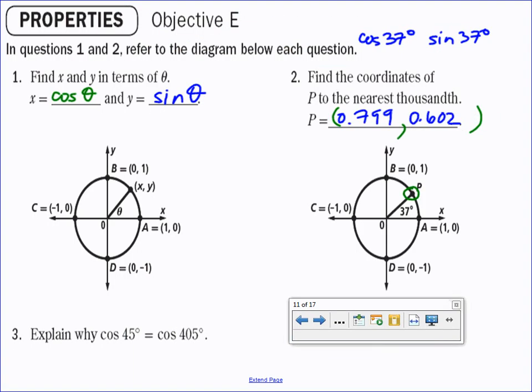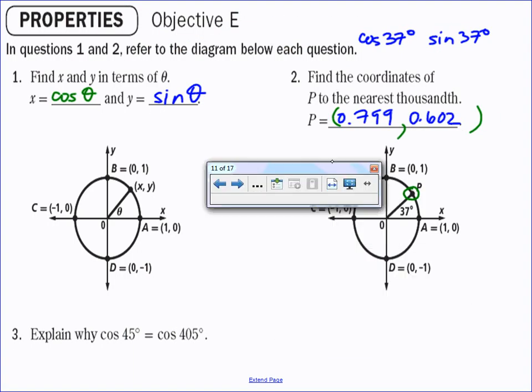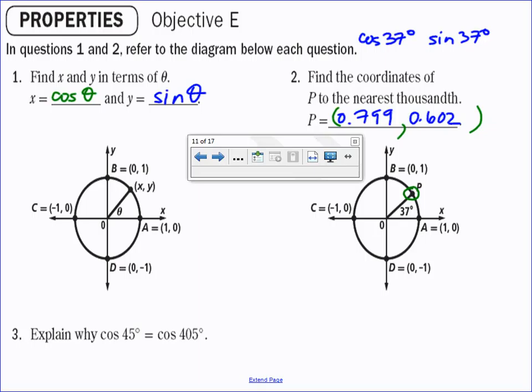I saw some good explanations earlier when you were talking about why the cosine of 45 degrees equals the cosine of 405 degrees. Because if I spin 45 degrees, that terminal side of the given angle rotation is the same as if I spun 405 degrees.